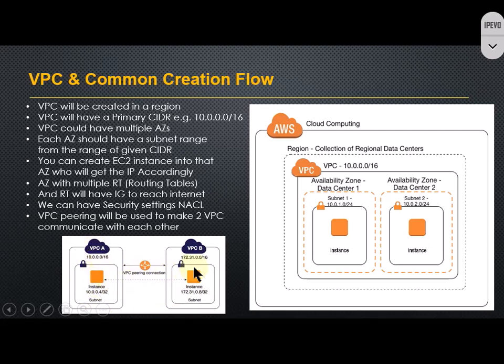Then what if we want to make this instance communicate with this instance? We will use the term called VPC peering. With the help of VPC peering, we will be able to make these two VPCs communicate with each other. So keep it in mind.